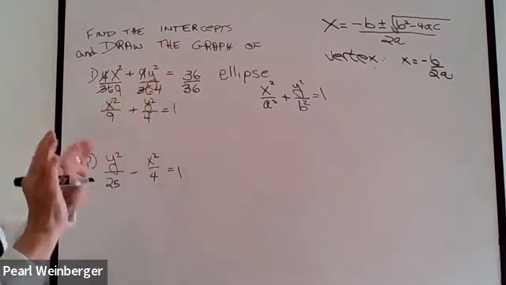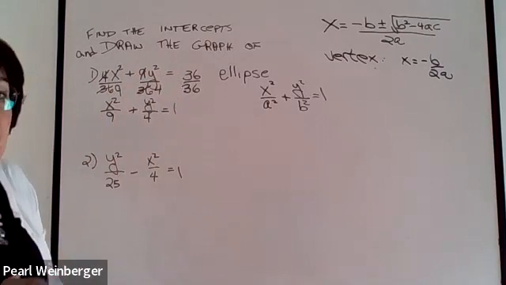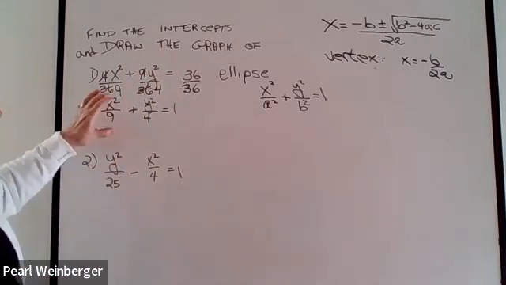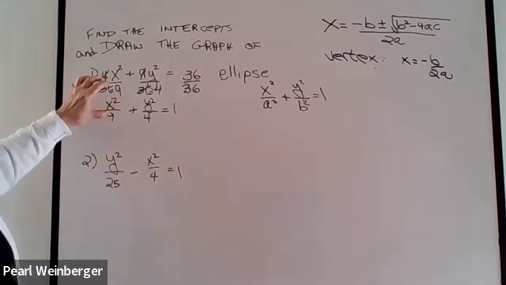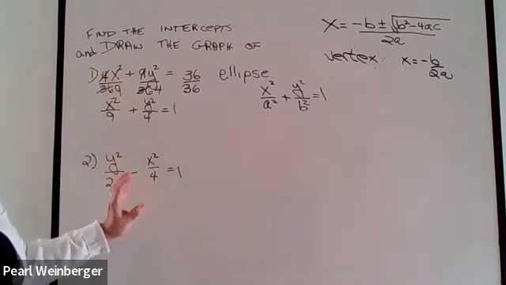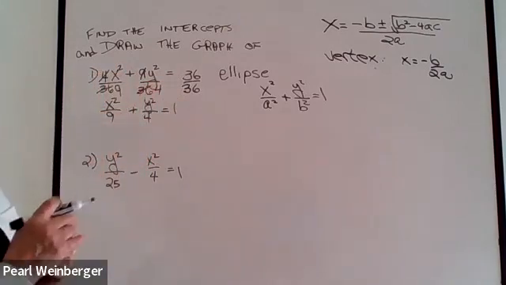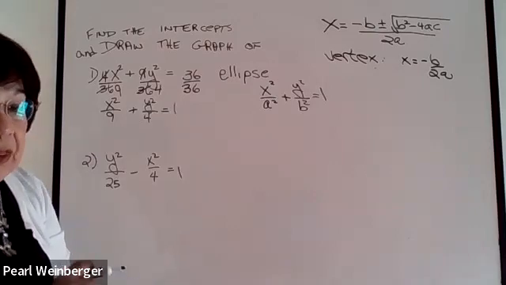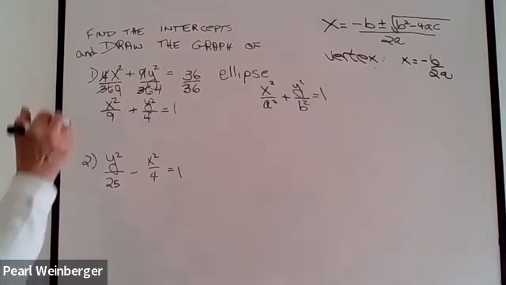Before we graph the ellipse or the hyperbola, we must put them in standard format. Again, we're only dealing with these two special cases of the ellipse and the hyperbola where they center on the origin.